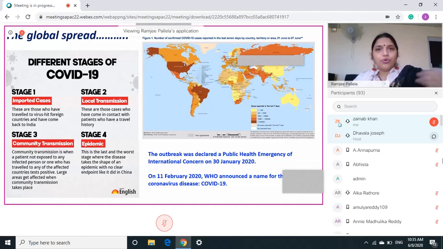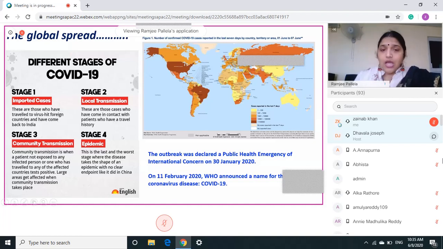So people keep on traveling here and there, and because of both the primary contacts and then the secondary contacts, slowly it goes to stage 2, which is the local transmission when you are getting in contact with the infected person. Then it goes to stage 3 when it becomes community transmission, and from there it spreads very widely. In stage 4, it becomes like an epidemic where you can't see any endpoint of the spread. This is perhaps the case in America as of now. We have seen the bad situation in Italy a month back, and I think America is also on the same line now.